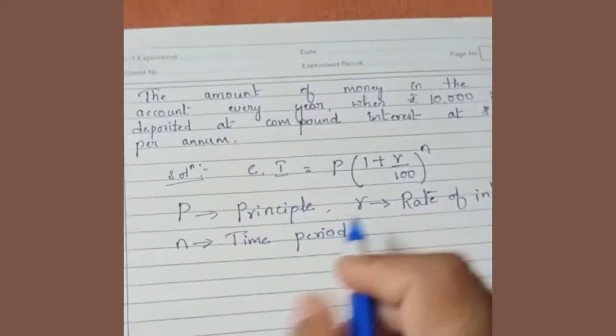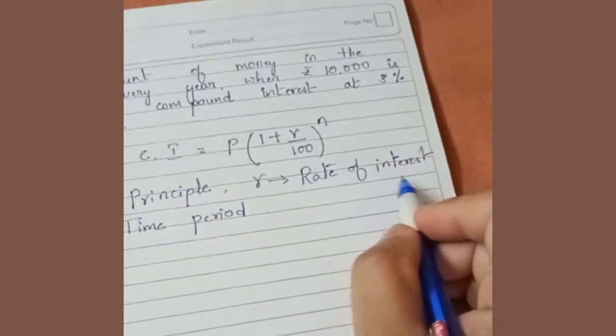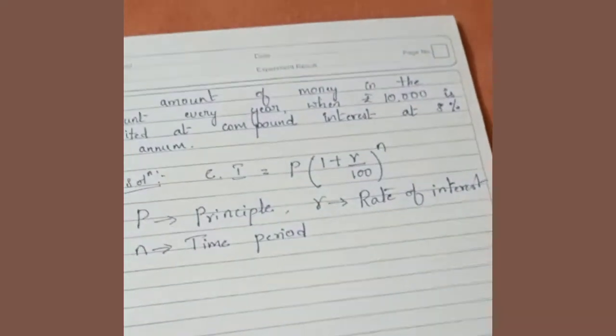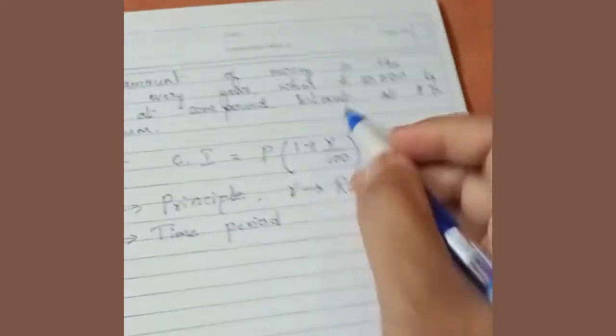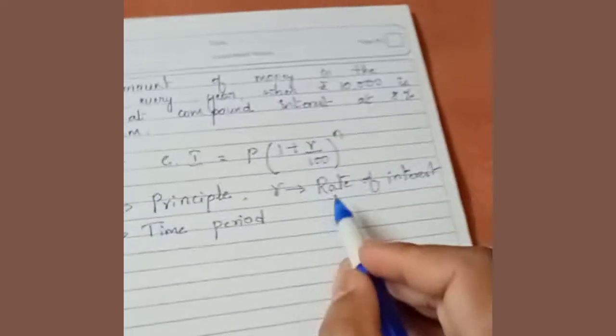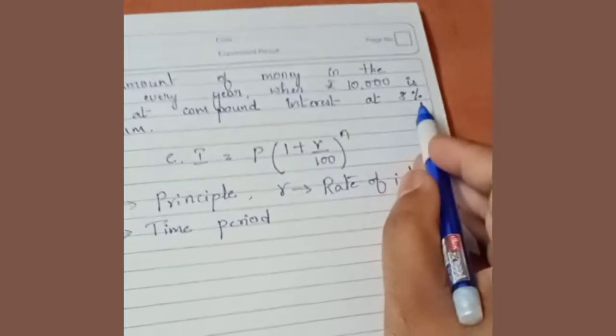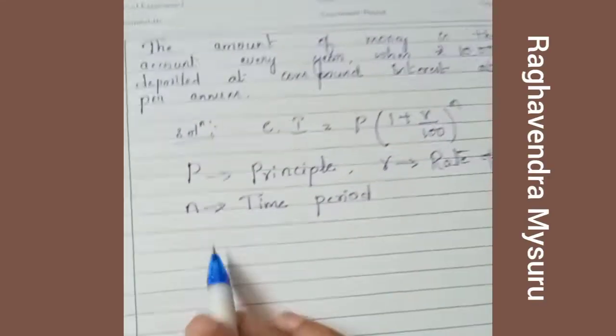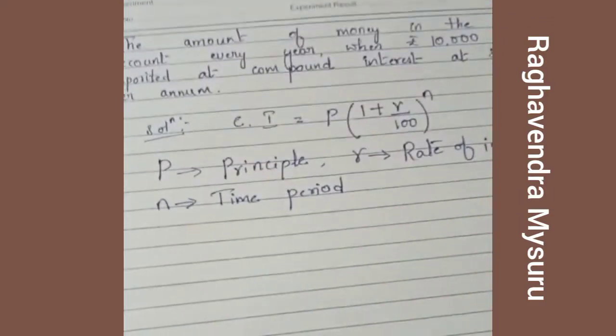I hope that you have understood. P means principal, r means rate of interest, n means time period. Okay, we already know the principal. P is what? 10,000 rupees. Rate of interest is 8% per annum. Per annum means for every year. So time period is with respect to every year.